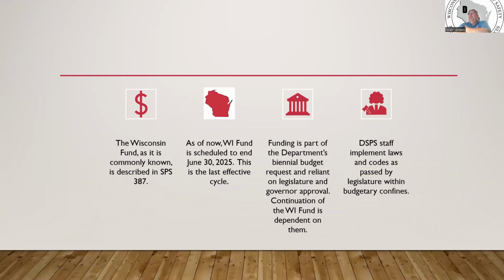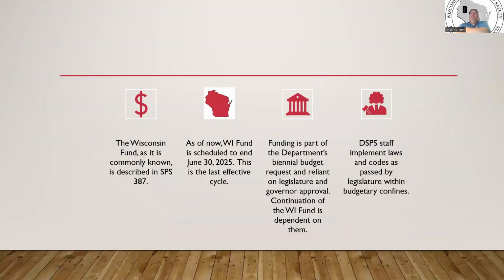The important thing to remember is that staff implement the laws and codes as passed by the legislature and signed off by the governor within the budgetary confines. So we're only allowed to do what we're given authority to do and given the money to do. Where this boils down is that if you feel strongly about the program, you'll need to contact the people that control the purse strings, frankly.